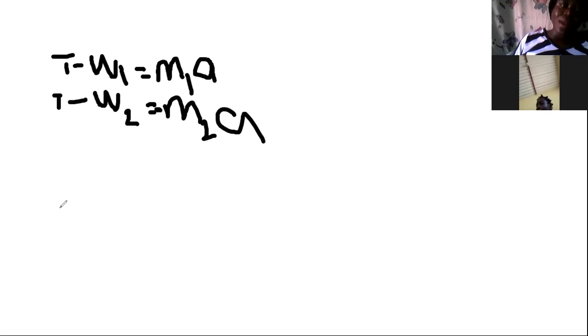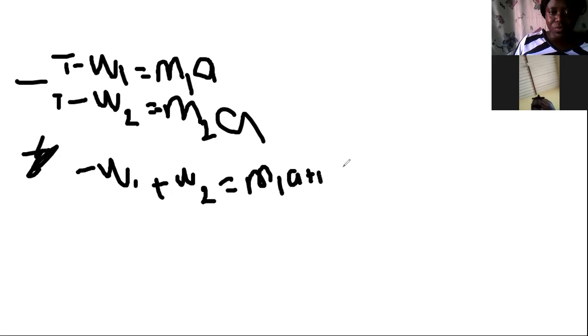Okay, then when we subtract the two equations, we get that the T cancels out. So we get minus weight 1 plus weight 2 equals M1a plus M2a.